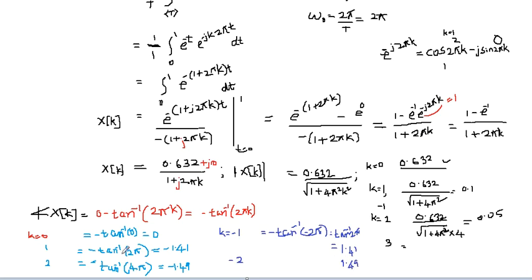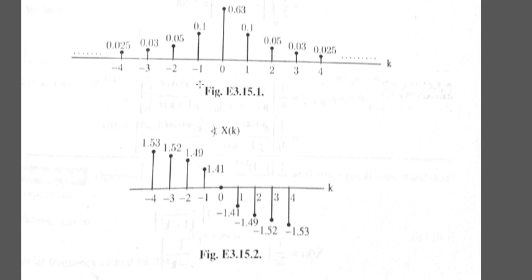So the magnitudal plot is this one, the phasal plot is this one. For k is equal to 0, the signal is taking 0 value. For k is equal to 1, it is minus 1.41, and it is plus 1.41 for k as minus 1, and for k is 2, it is minus 1.49.